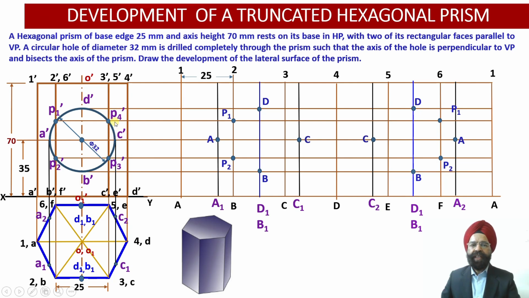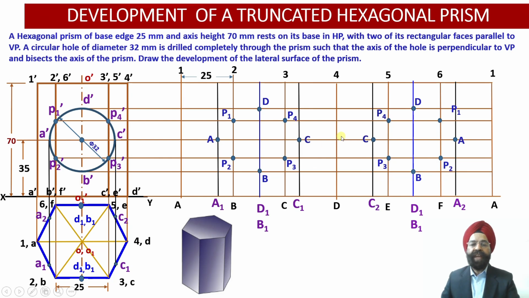So wherever the two horizontal projector lines emerging from the points P3 dash and P4 dash of the elevation projection view intersect with the existing vertical projectors 3C and 5E, we obtain 2 points of intersection P3 and P4 into the front face projections. Similarly, P3 and P4 into the rear face projections over here.